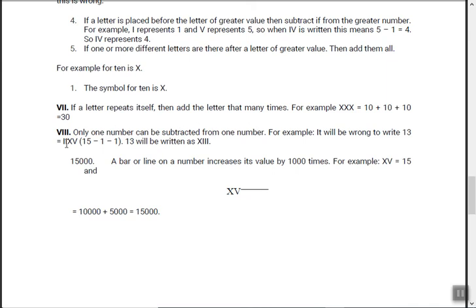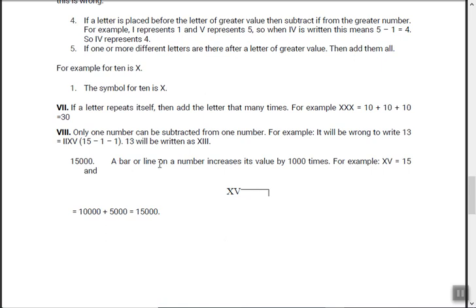Means only I can subtract 1 only. Means I can write only IXV, means 14 can be written this way, but 13 can't be written. So it is wrong to write 13 as IIXV. So how is it written then? X means 10 and then 3, 1, 2, 3. So that way it is written.